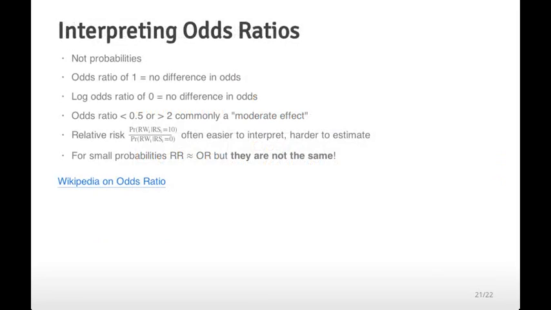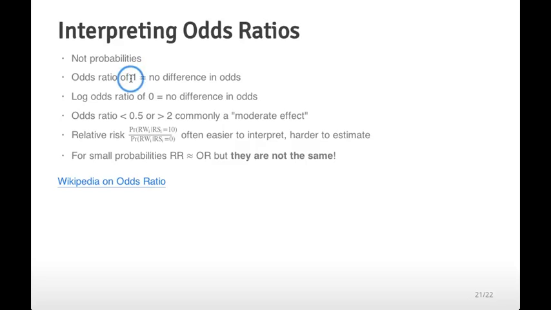So an important component of this is interpreting odds ratios, and it's a little bit different than interpreting normal effects on a linear scale, so I thought I'd talk a little bit about that briefly before finishing up. First of all, odds ratios are not probabilities, so they're not between 0 and 1, and they shouldn't be treated as such. An odds ratio of 1 means that there's no difference in the odds. In other words, the probability of the event happening is exactly the same in the two groups.